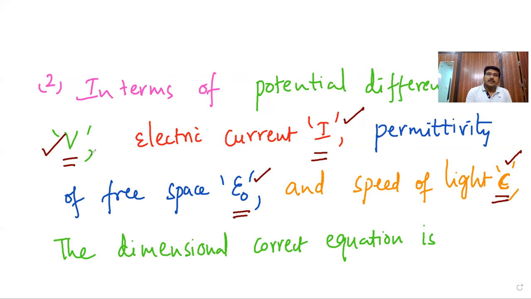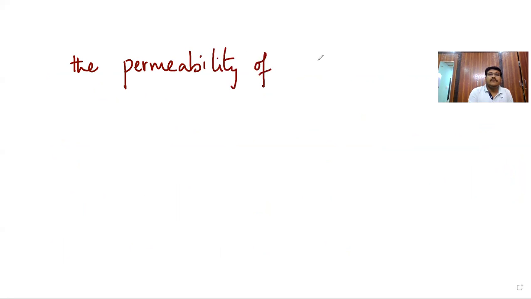There are potential difference V and current I, permittivity of free space is epsilon, speed of light C. He has also given the permeability of vacuum, mu naught.